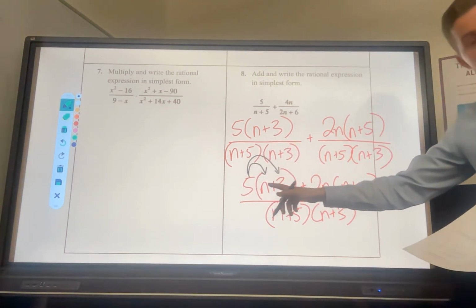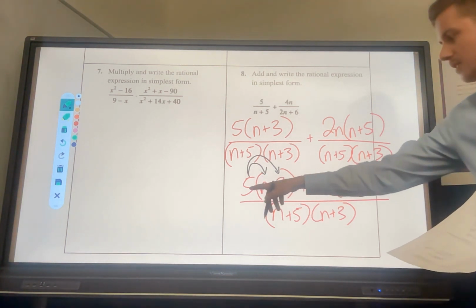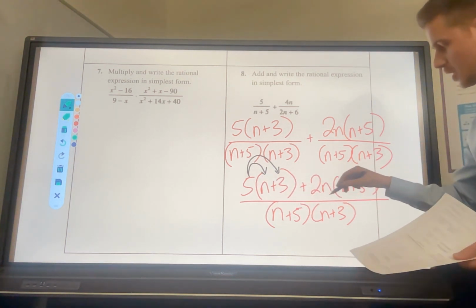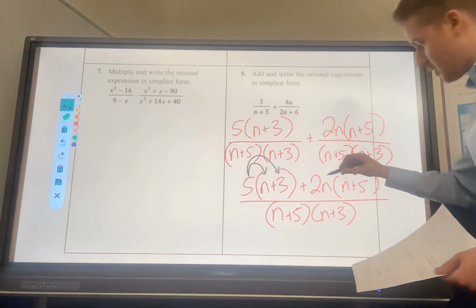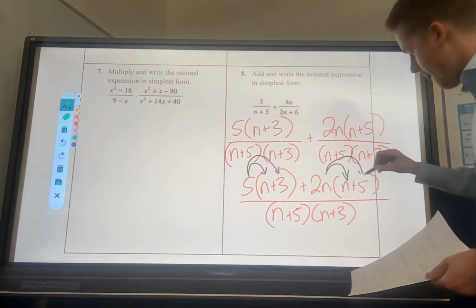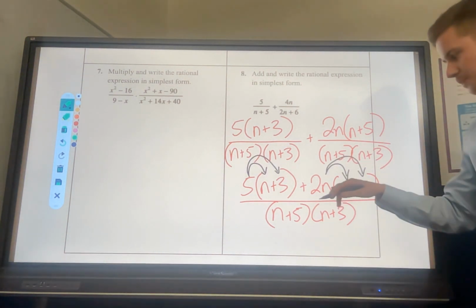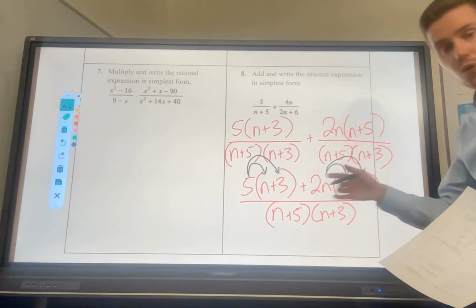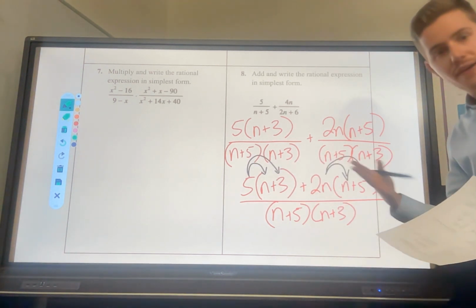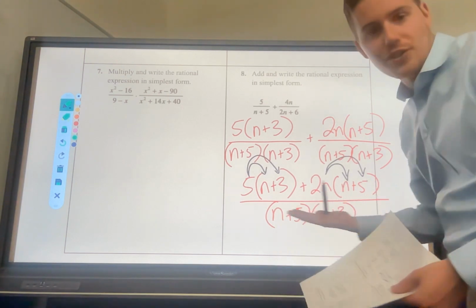When I say distribute, I mean multiply it. 5 times n, 5 times 3. And then over here, we'll need to distribute the 2n to the n plus 5. Okay, wonderful. So I'm going to go ahead and erase and write what happens after I distribute everything up there in the numerator, because I just don't have any more space here.